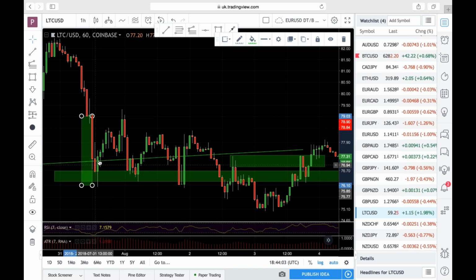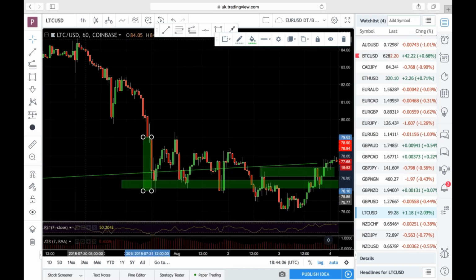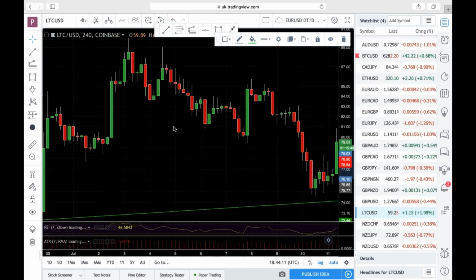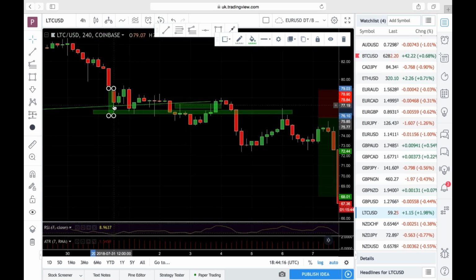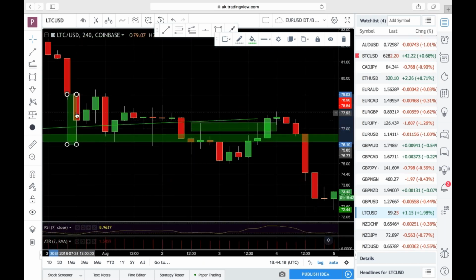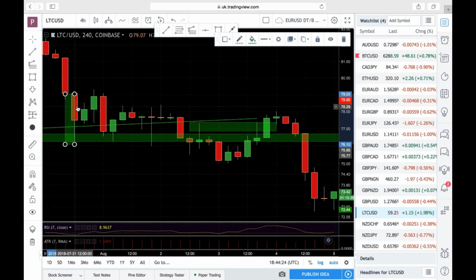So this was a false break clearly because we retraced again. This is why I like to look for a break on the 4 hour. That candle there, don't forget, this one candle is four 1 hour candles because we're on the 4 hour chart. So this was a false break.